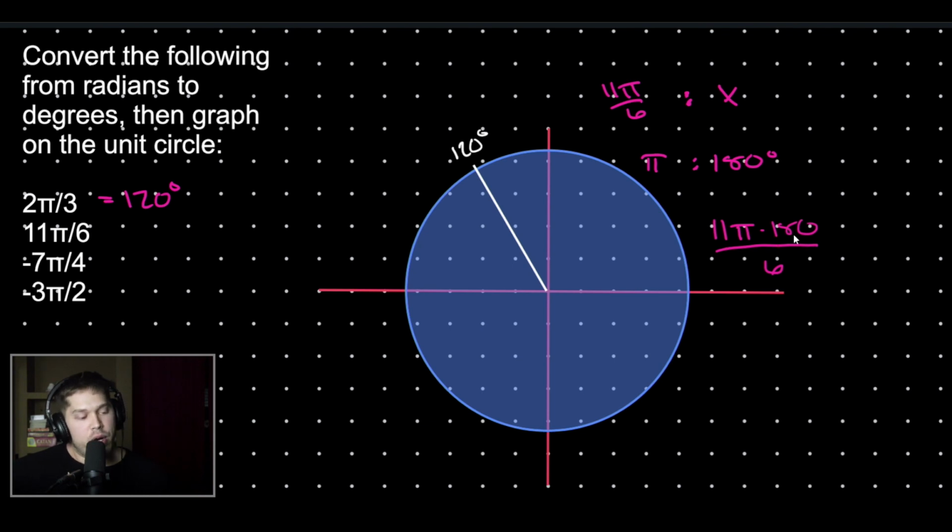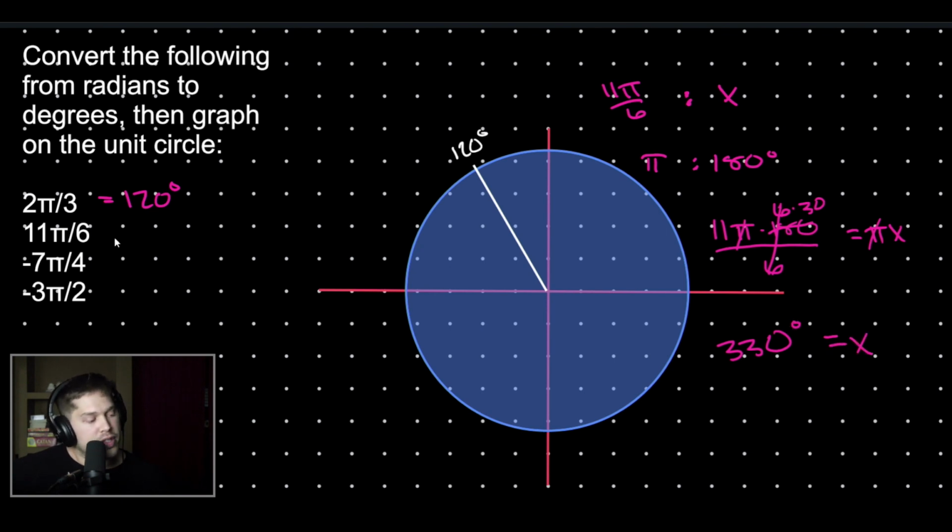Let's notice that 180 is 6 times 30. So we can cancel these out and be left with 11 times 30 pi. And this equals our right-hand side of pi times x. And then the pi's cancel, and you're left with just 11 times 30, which is 330 equals x.